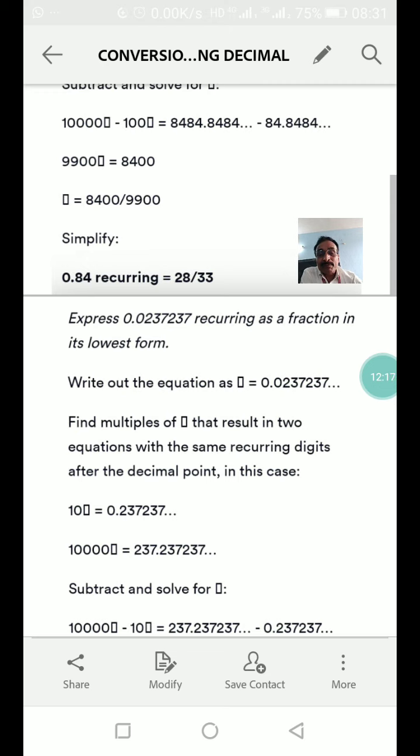After this, you multiply the equation by 10,000 and you get 10,000x equal to 237.237.